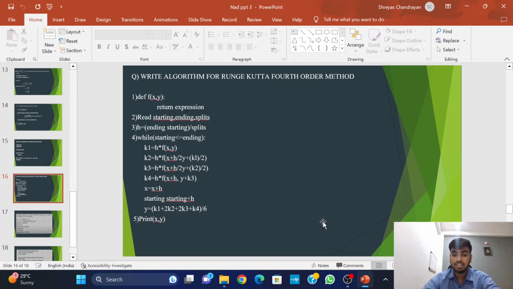So while starting is less than or equal to ending, k1 is equals to h star f(x, y), k2 is equals to h star f(x plus h by 2, y plus k1 by 2), k3 is equals to h into f(x plus h by 2, y plus k2 by 2), k4 is equals to h into f(x plus h, y plus k3). x is equals to x plus h. So starting is starting plus h, y is equals to y plus (k1 plus 2k2 plus 2k3 plus k4) by 6. So print x, y.